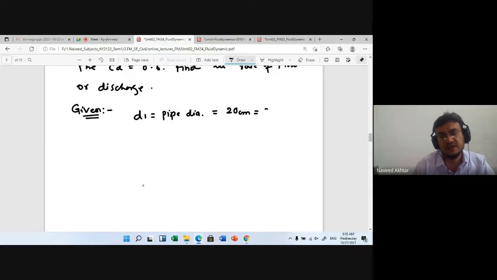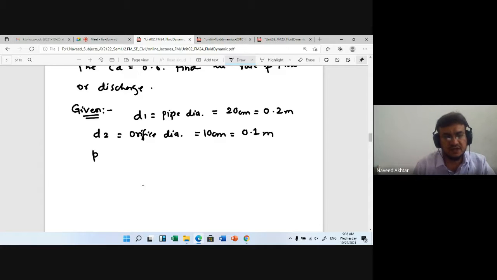If you convert into meter, it is 0.2 meter. Here D2 is also given, that is orifice diameter, that is 10 centimeter, or I will write 0.1 meter.